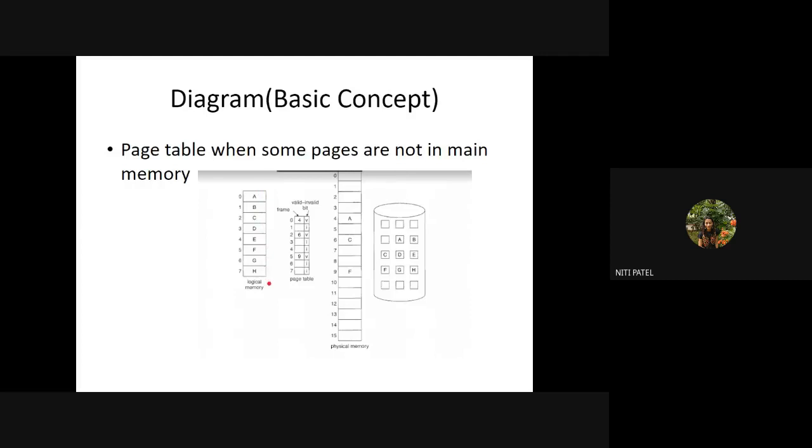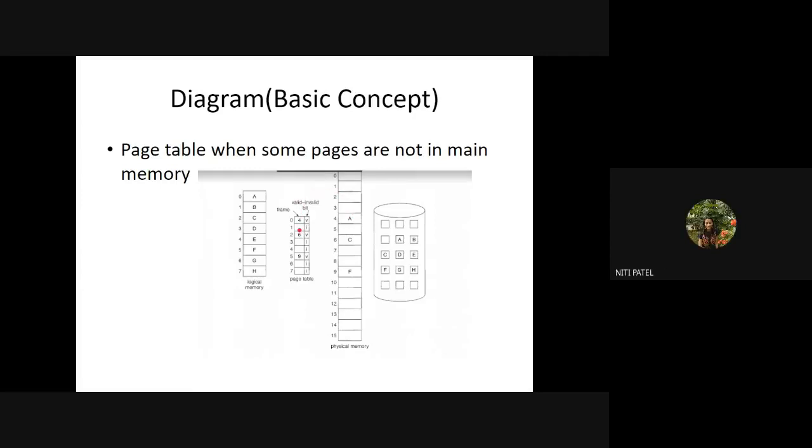All the pages from A to H will be stored in main memory. So how did I know where A is in main memory? From the page table. The page table was telling me the frame, and with the help of that frame number I was going inside the main memory. Do you remember this? We had done it yesterday. Yes, ma'am.